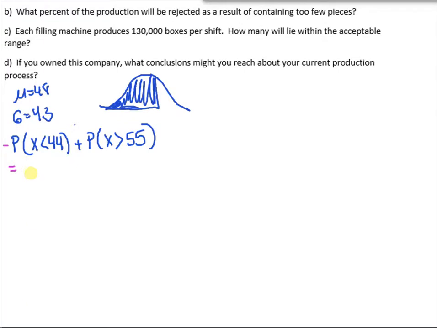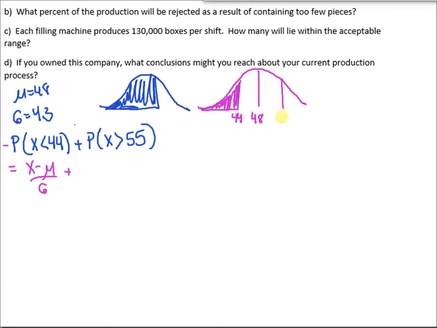So we have X minus mu over sigma, plus, for this one we reject greater than 55. This is what the bell curve looks like: the average in the middle is 48. We want to reject everything below 44, and that's fine because it goes from the left tail all the way to 44.